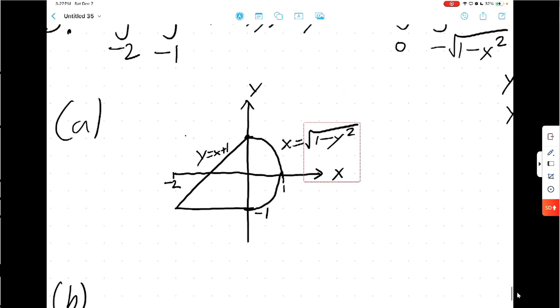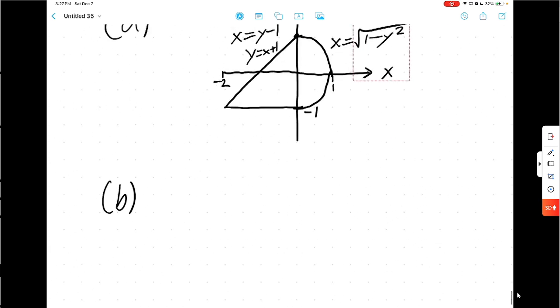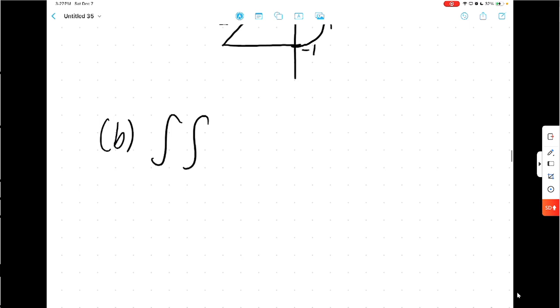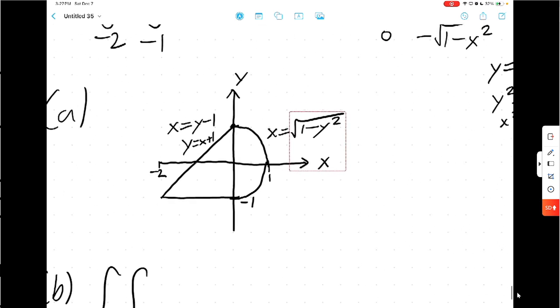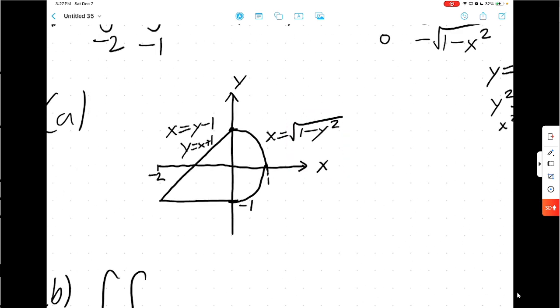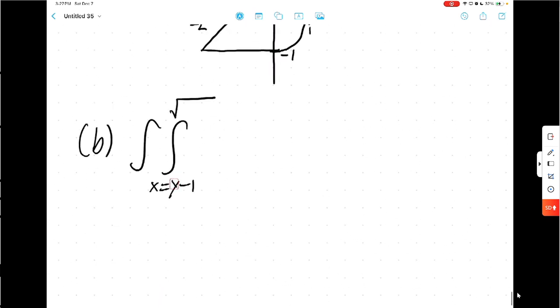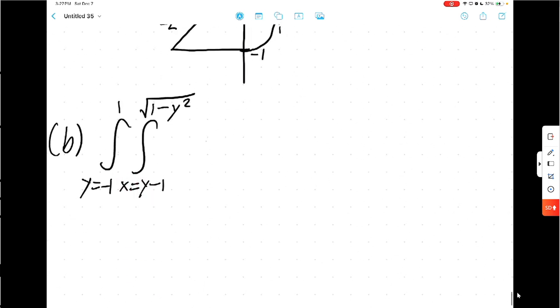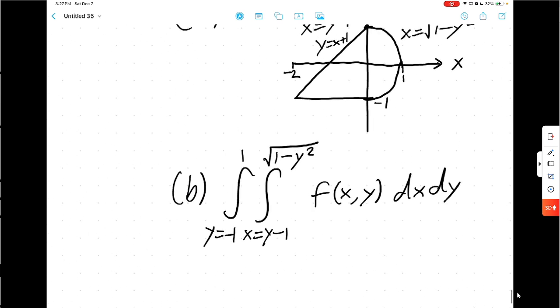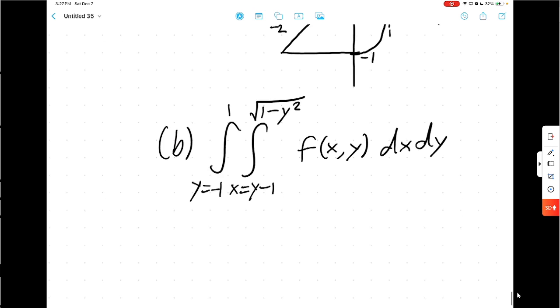Or this y equals x plus 1 will also have to be converted, so we're going to get x is equal to y minus 1. And we're going to start with the x first, which means we go from the left side to the right. So x is equal to y minus 1 first, to square root of 1 minus y squared, and y clearly goes from negative 1 to 1. F of xy dx dy. And that's all of 3. It doesn't ask us to evaluate this.